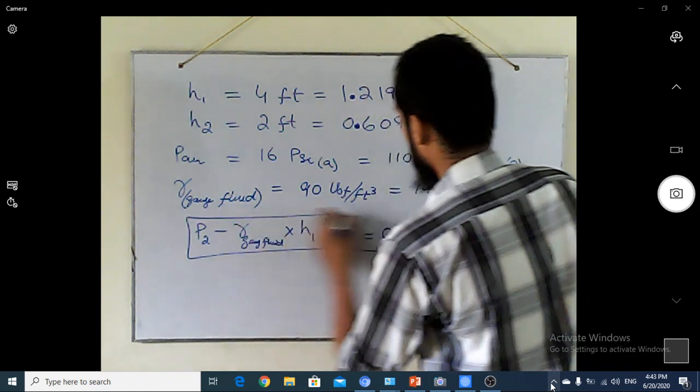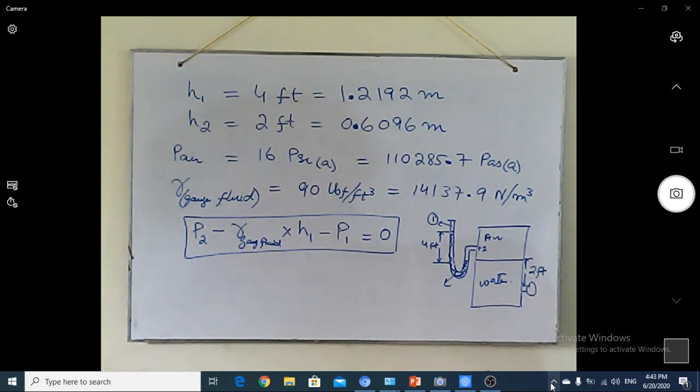This is the basic equation we use to determine the pressure at point 2.